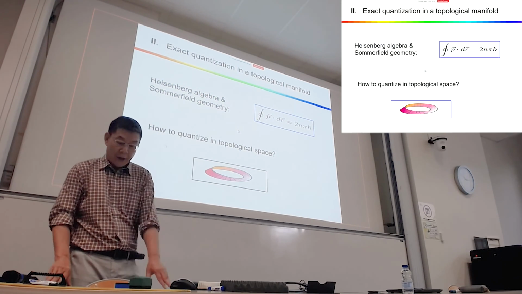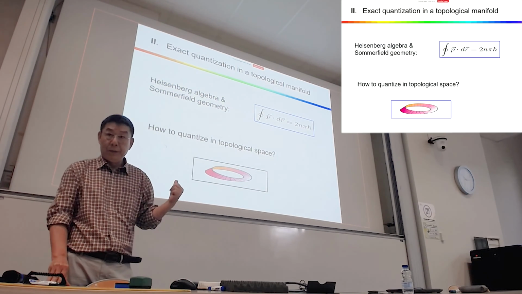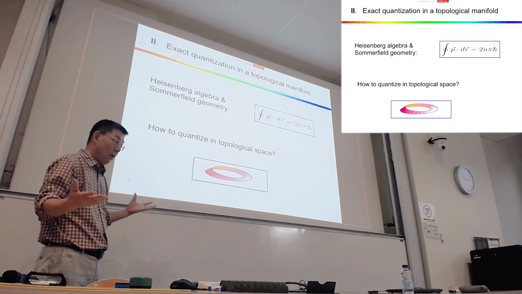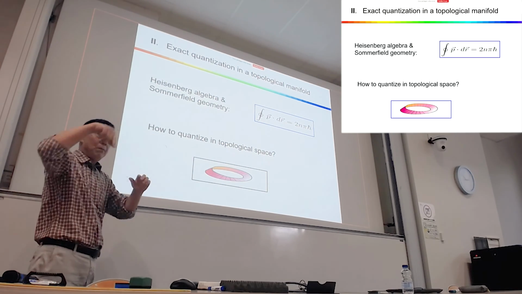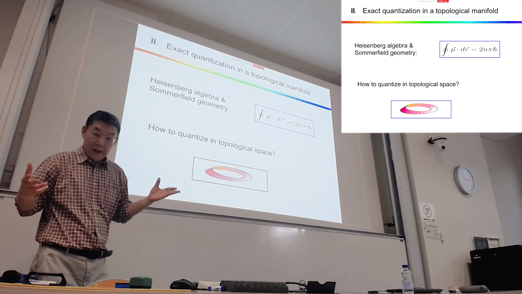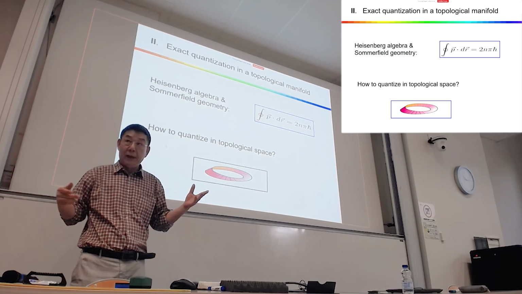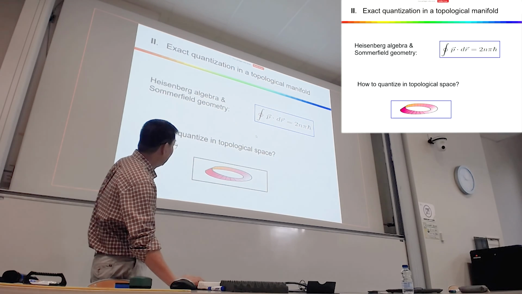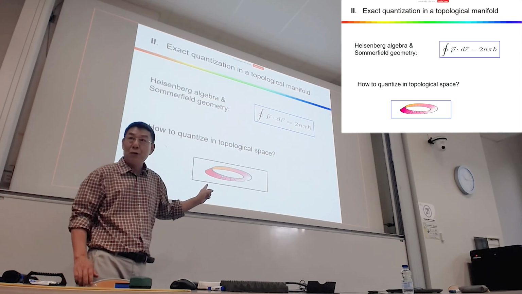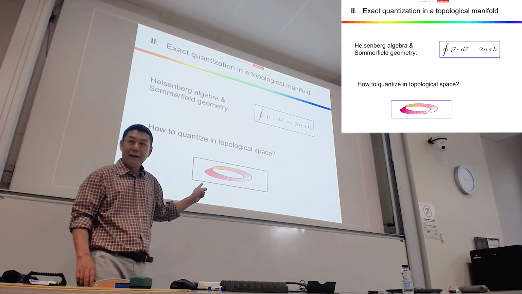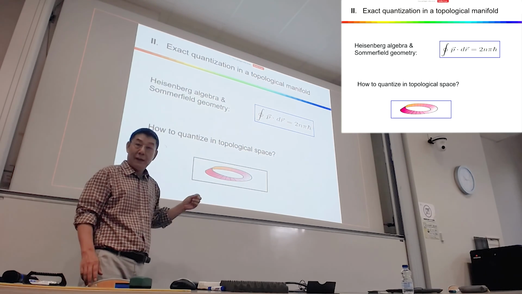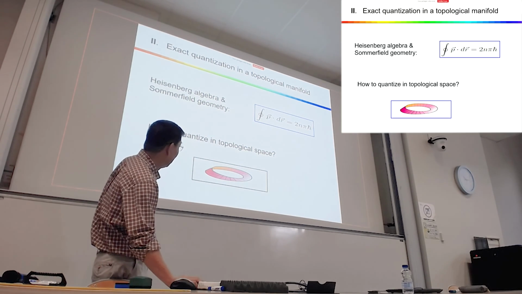Now let's turn to the first example: how to quantize a system in a topological space. Okay, so just like this is a Mobius stripe, and we can define the quantum space also in a Mobius-like space.